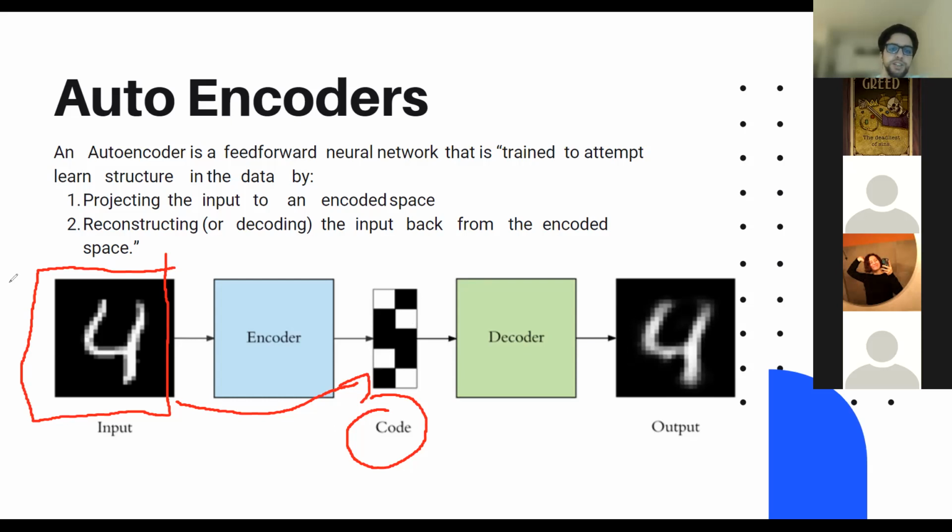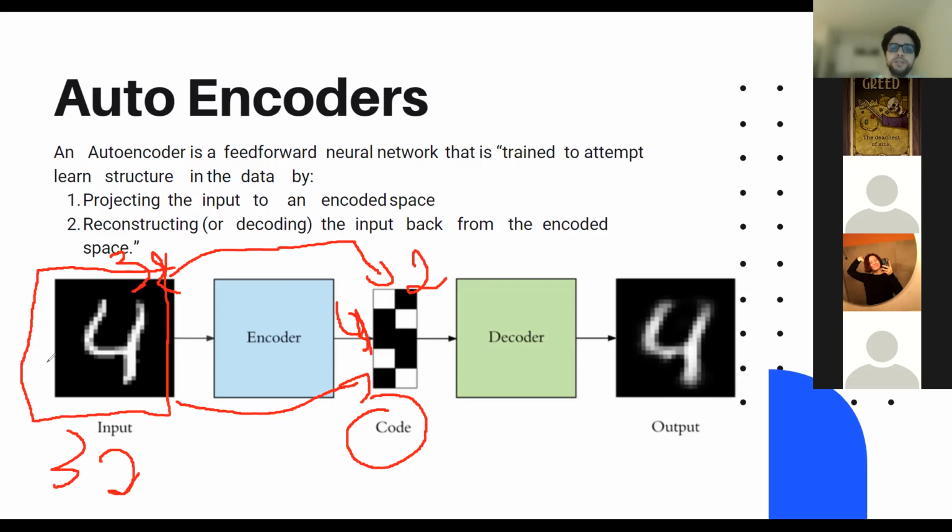For example, here we have a 4, which is 32 by 32. We try to learn the information inside this 32 by 32 image and summarize it in, let's say, a 3 by 2 or a 4 by 2 example here, right? So we're going to summarize this whole image in only 8 features or 8 values.